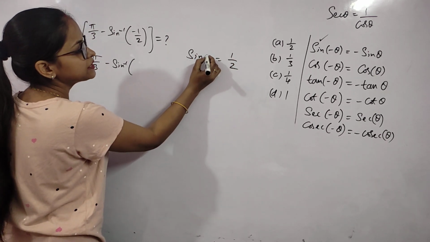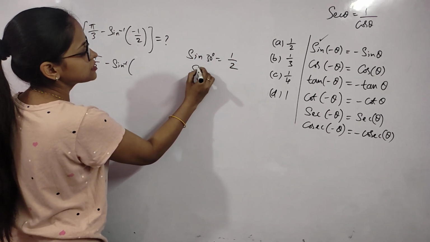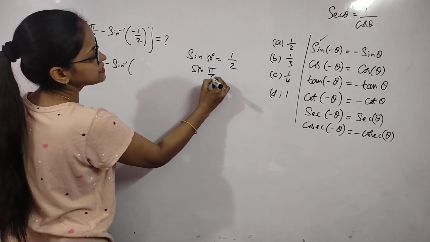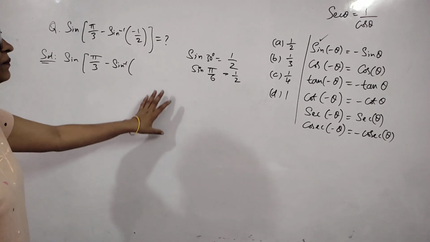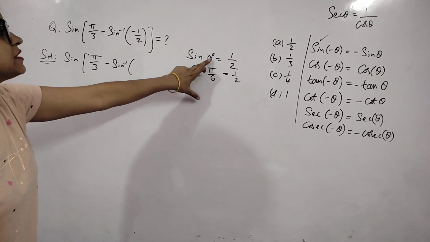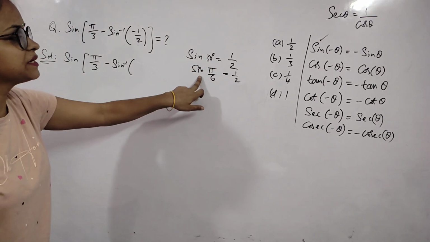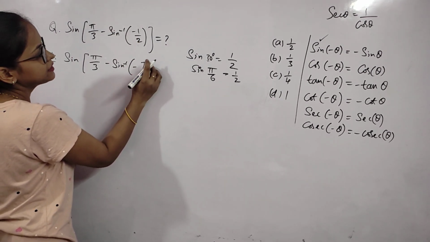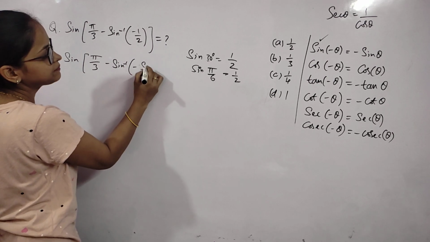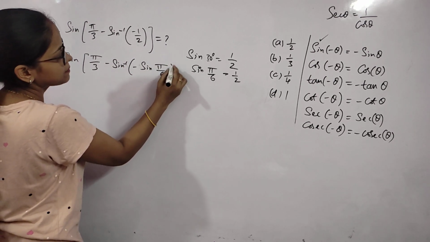Sine of 1 by 2 comes at 30 degrees, so that is sine pi by 6. Since 180 degrees is pi, 30 degrees is pi by 6. So 1 by 2 can be written as sine pi by 6, and with the minus we are getting minus sine pi by 6.